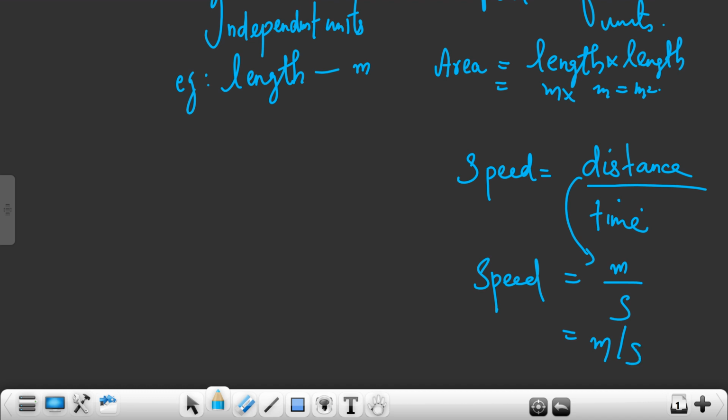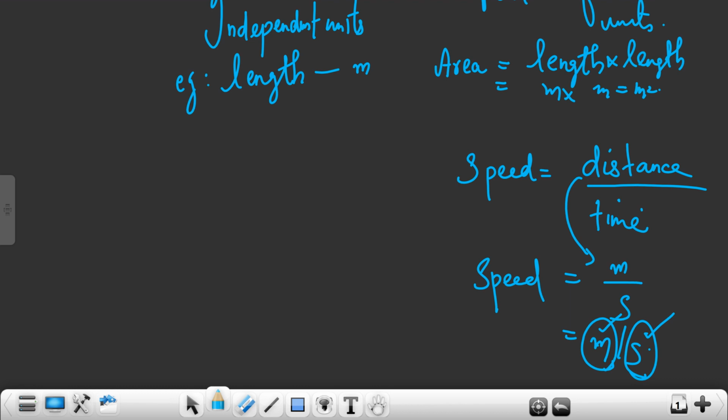That is, the unit of speed depends on the unit of distance, that is meter, and the unit of time, that is second. That is, speed is a derived quantity and the corresponding unit meter per second is a derived unit, because this unit depends on the fundamental units of length and time.